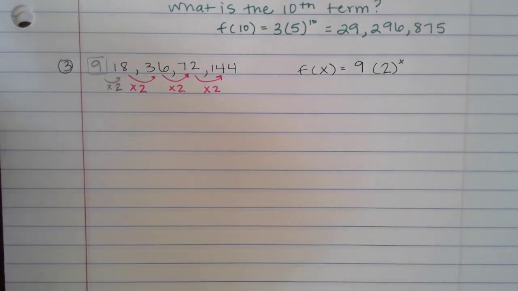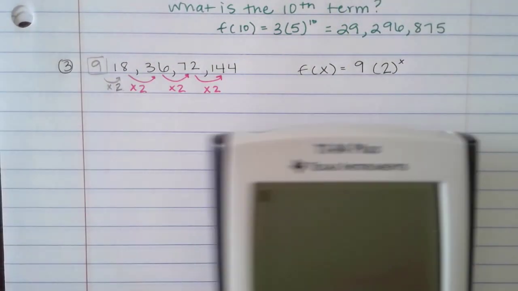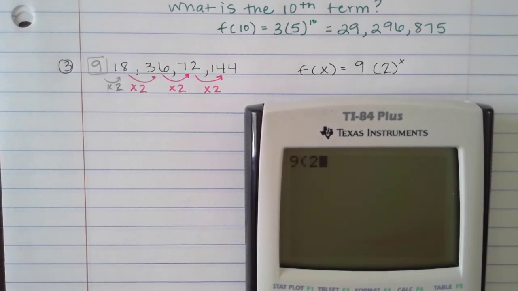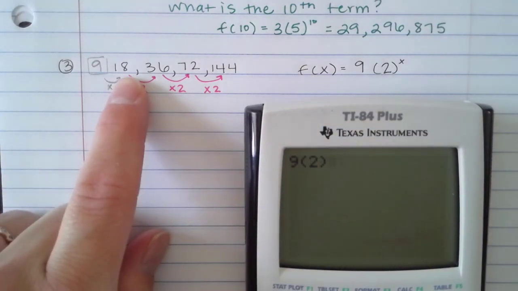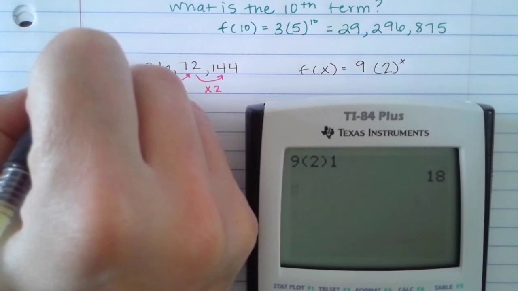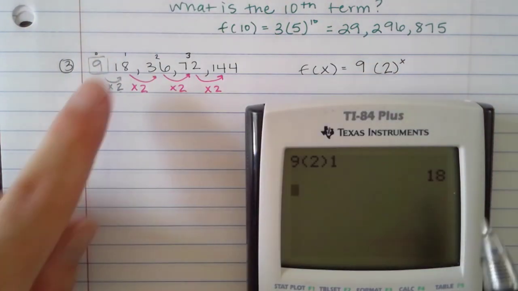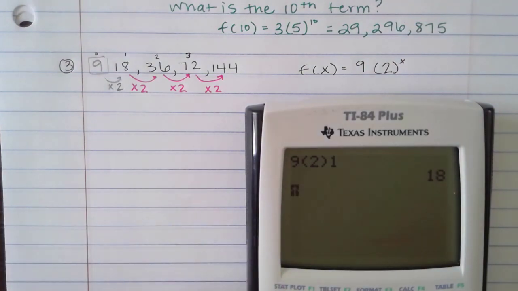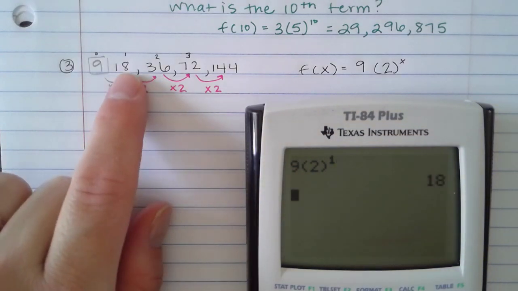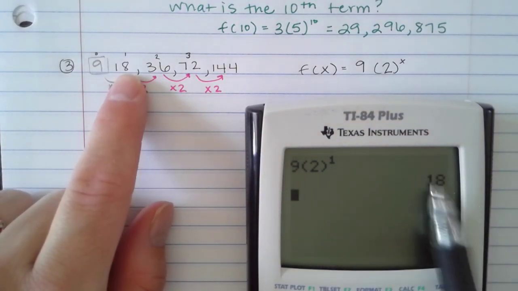And just to check, we can use our calculator to say 9 multiplied by 2 to the power of 1. Right? Because this is my 0 term, first term, second term, third term. So if I plug in a 1, I better... Ooh, that was wrong. It actually ended up being just fine, but I'll show you why. Okay, there you go. So I plug in a 1 into my exponent, gives me 18.